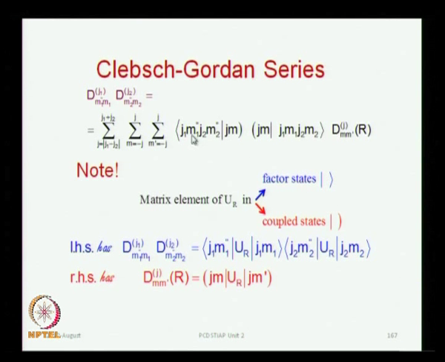On the right hand side you have a triple sum, then two Clebsch-Gordan coefficients, and another rotation matrix element, but this one is in the coupled state, in the Jm basis. So, this is the matrix element of the rotation operator in the coupled basis, and now you will begin to see there is a little bit of advantage in choosing a notation in which you differentiate between the coupled vectors and the uncoupled vectors.